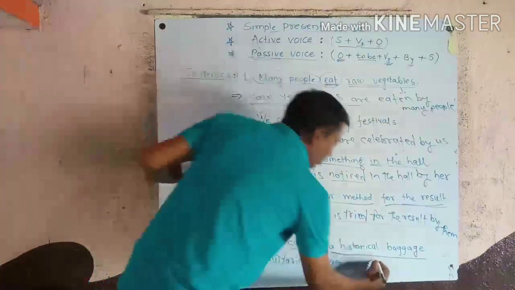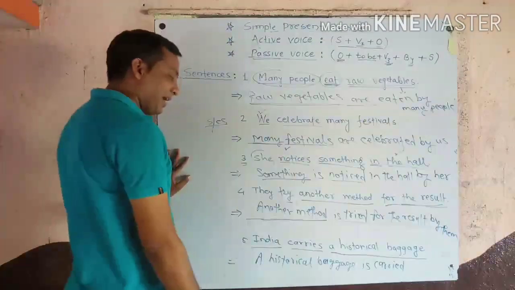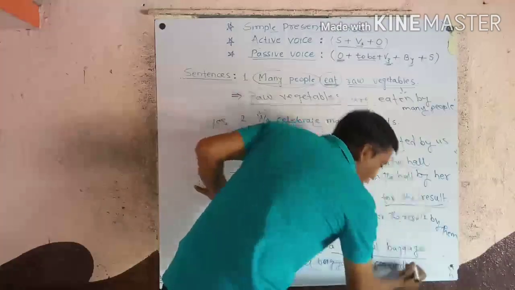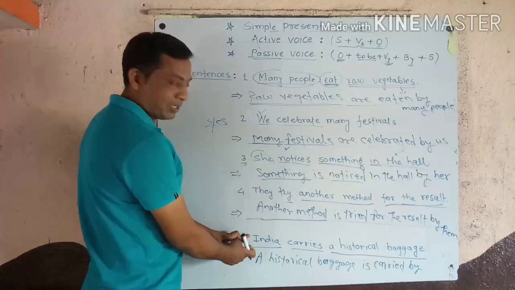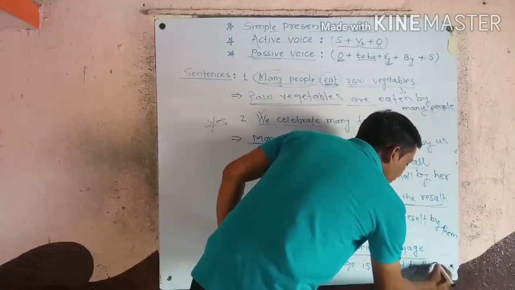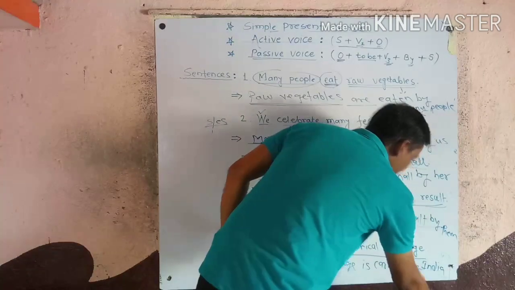And then the third form of the main verb, that is carried. And what has remained? Subject should be converted into object, but before that, by. But look at what is written here: India. It's a noun, so the noun should be written as it is here at the end of the sentence.